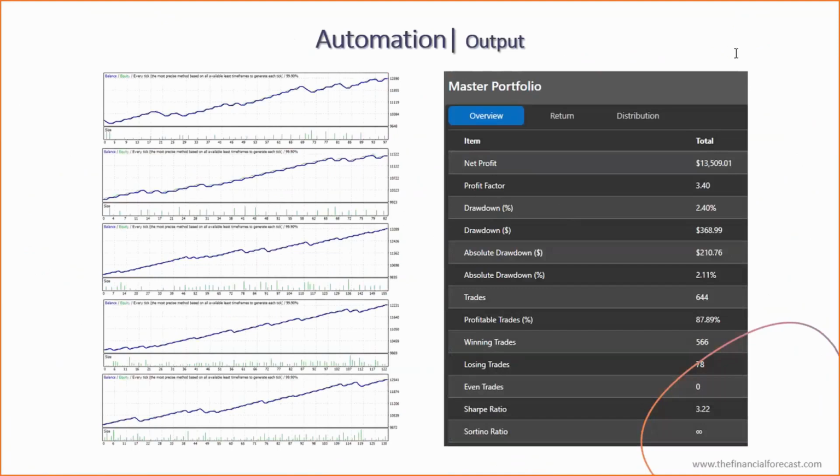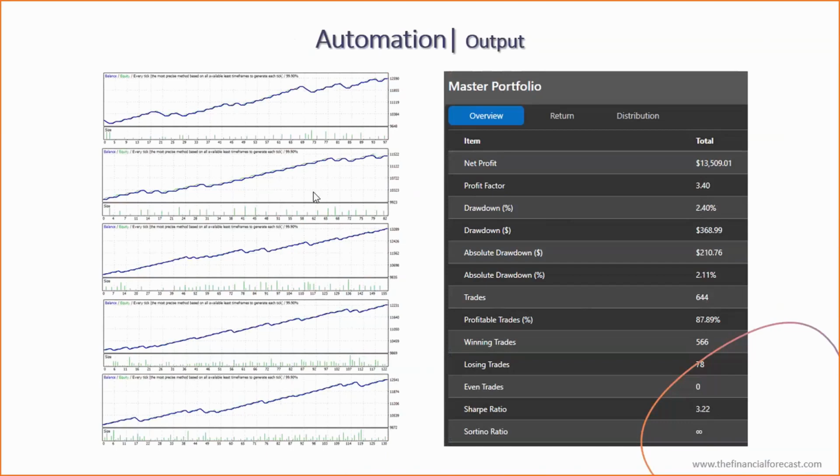We combine all of them together, and that gives us the statistics for the master portfolio we are working with: profit factor of 3.4, a drawdown of 2.4%, 87% accuracy, Sharpe ratio of 3.22. It's really, really good, and it also passed the Monte Carlo test, so everything is working quite okay.